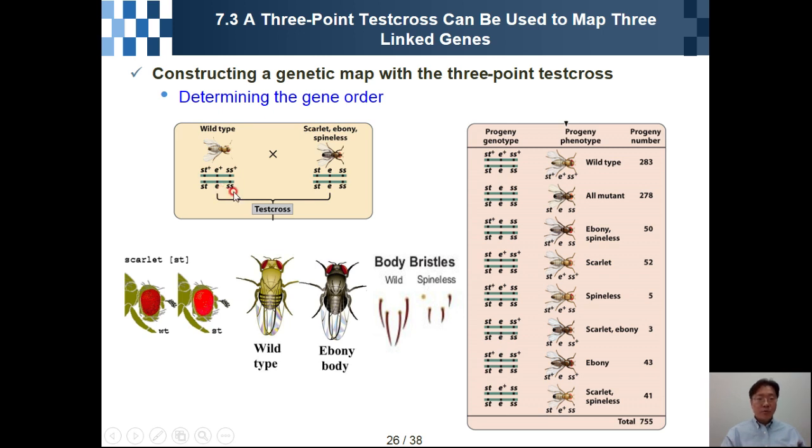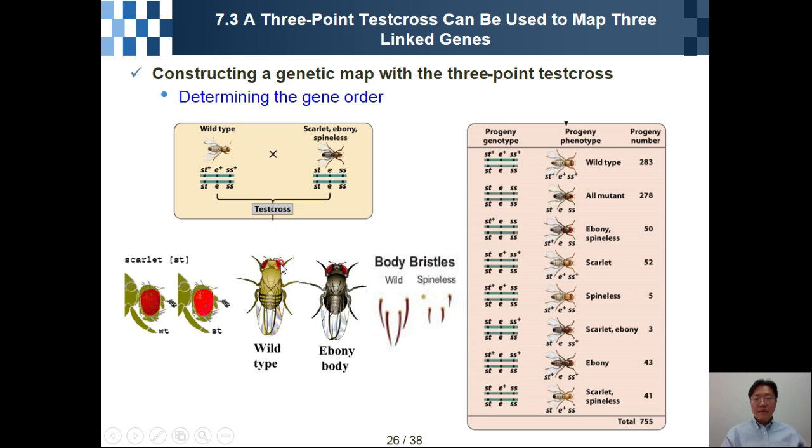Before we go further, we have to know the gene types. For example, in fruit flies, if the eye color is a very bright red, this is scarlet, so we call it scarlet. But the wild type is dominant over scarlet. The st+ is dominant over scarlet, st. How about the body color?